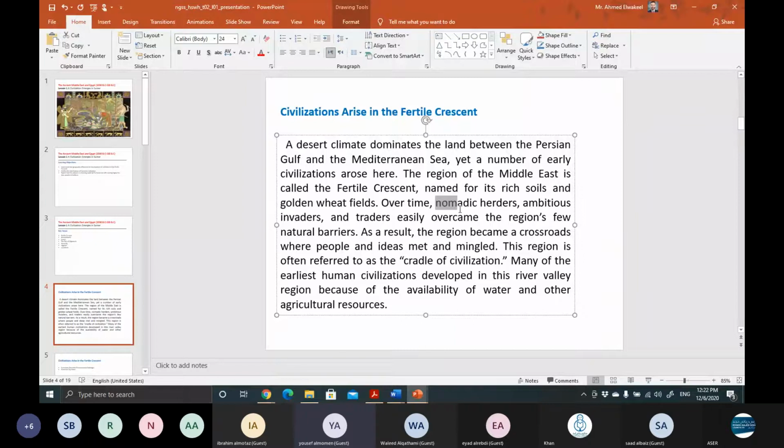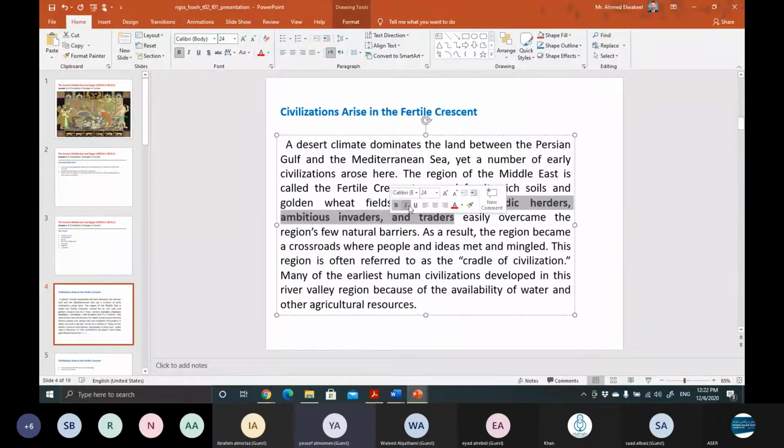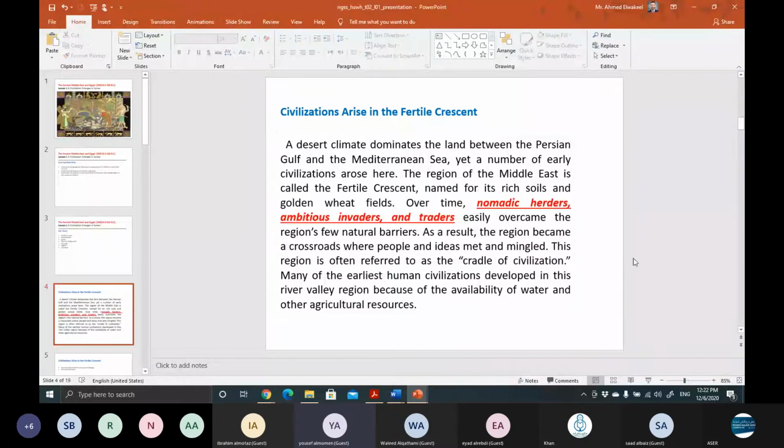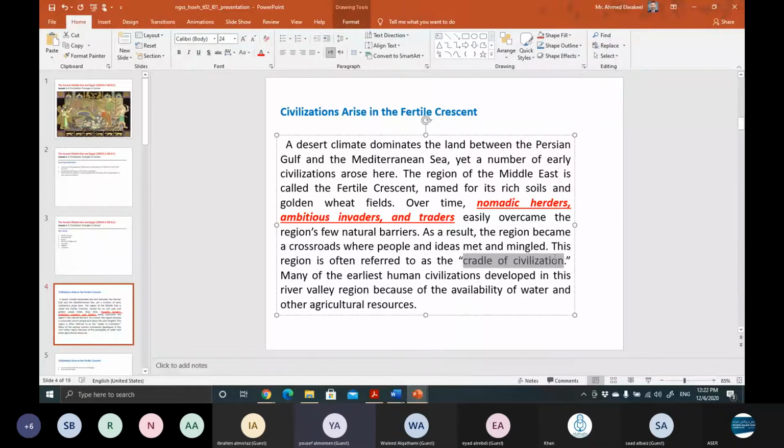As a result, the region became a crossroads where people and ideas met and mingled. This region is often referred to as the Cradle of Civilization. Many of the earliest human civilizations developed in this river valley region because of the availability of water and other agricultural resources. All right. What is the meaning of this, Yusuf?